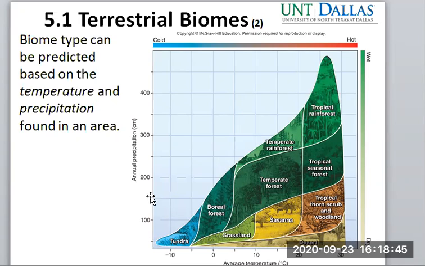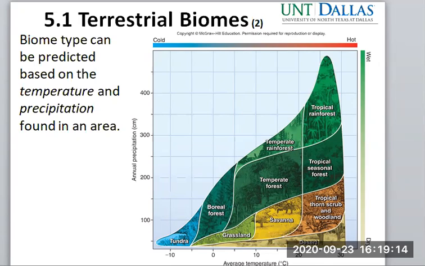So these biomes can be predicted based on the temperature and precipitation found in an area. Like we already discussed, in this figure you can see that savannas are somewhat dry, with precipitation between about 0 to 100 centimeters, and the temperature is also very high.